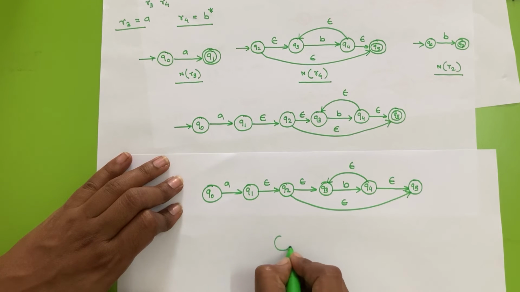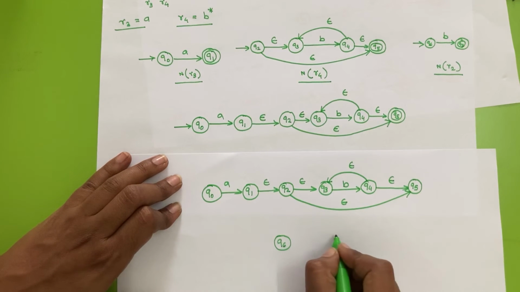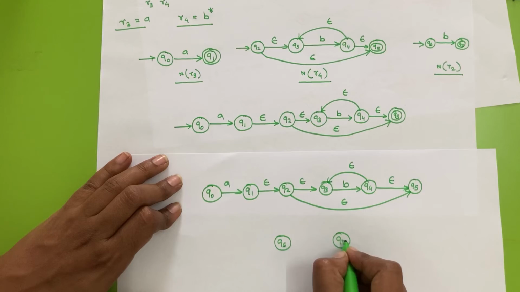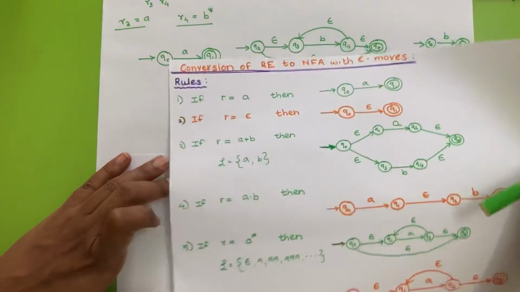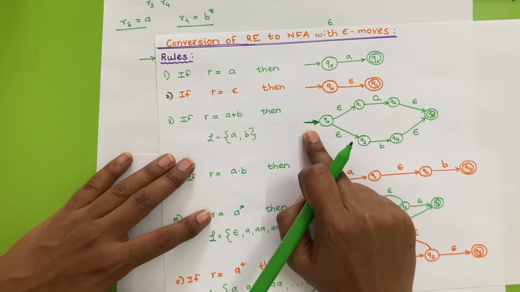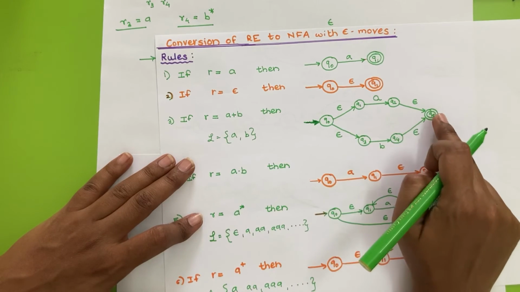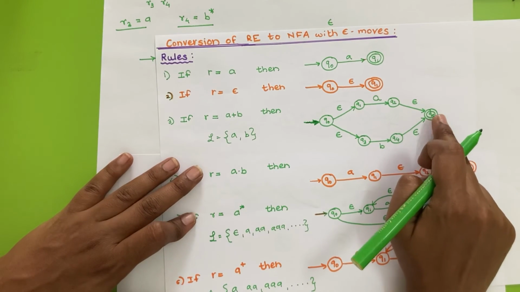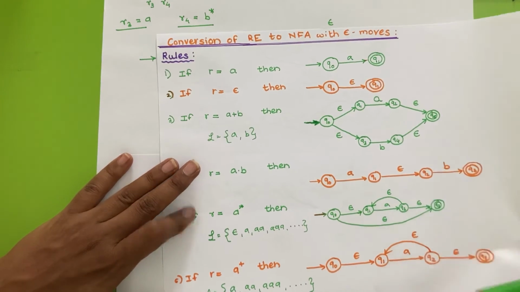So this will be Q6 and Q7. Now we see the third rule. Here we have to add one initial state before the diagram and a final state after the existing diagram.